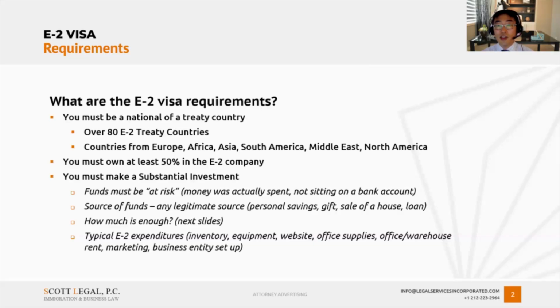In real life, yes, you could claim it for your company tax deduction purpose, but it is not highly recommended for your E2 case. So keep in mind that inventory, equipment, website, office supplies, office warehouse, rent, marketing, business entity setup, these are the most preferred expenses for your E2 case.